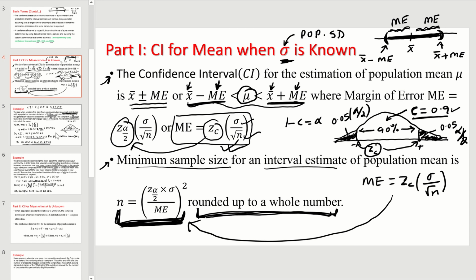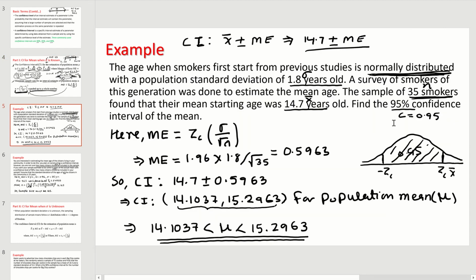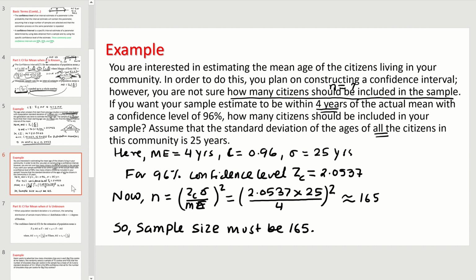In the first example, we learned how to calculate the confidence interval when the confidence level was given. Here it was 95%. And in the second one, when we already know the confidence level, the margin of error and the population standard deviation, we calculate the sample size. And one thing to note here: after you simplify everything, if it is a decimal value, you have to round it up. So here 165 was the sample size.